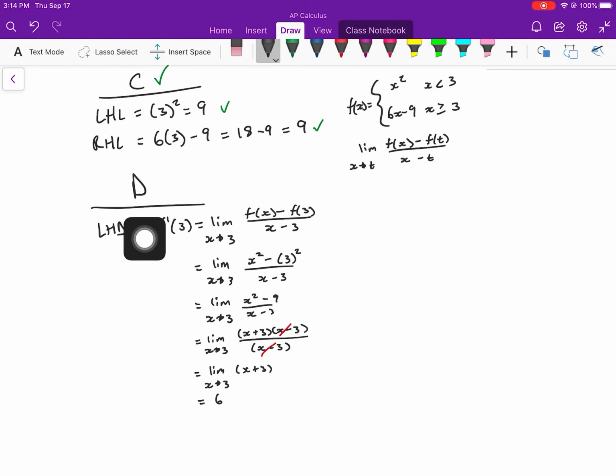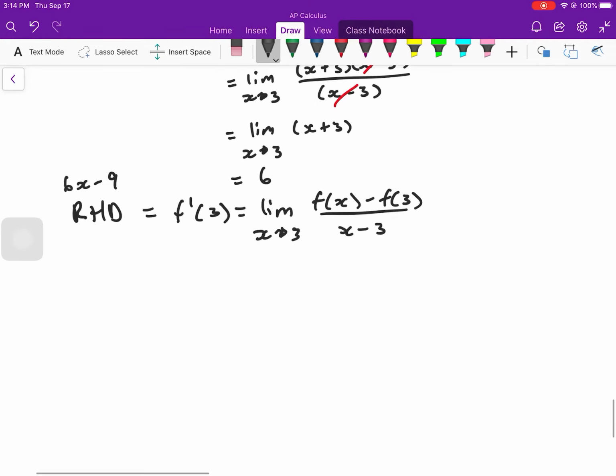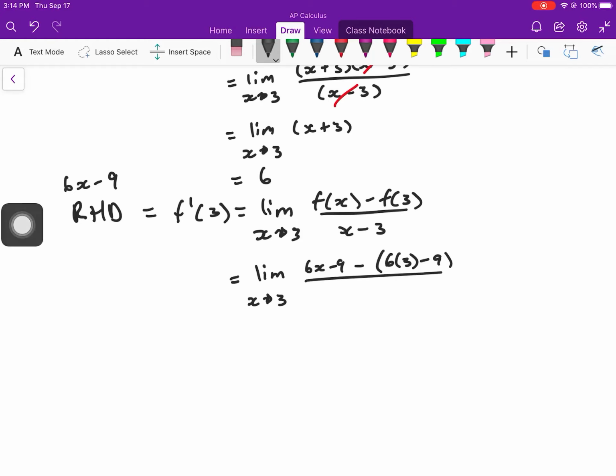Let's go ahead and do the same thing for the right-hand derivative. So we'll use the 6x minus 9. So f of x is 6x minus 9, and then minus, we got to put parentheses because we're going to subtract the whole thing. If we plug in a 3, you get 6 times 3 minus 9.